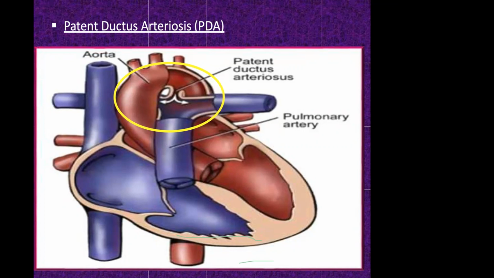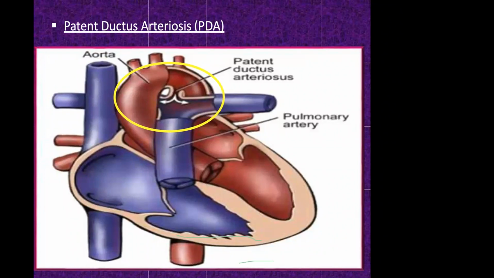Due to this, the oxygenated blood will pass from the aorta to the pulmonary artery and mix with the deoxygenated blood, which finally goes to the lungs. The blood volume to the lungs will increase, due to which there will be congestion.